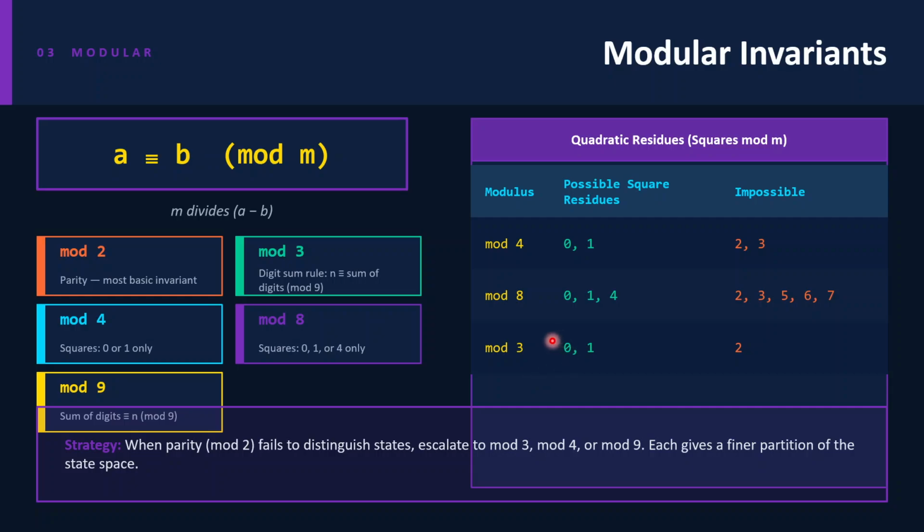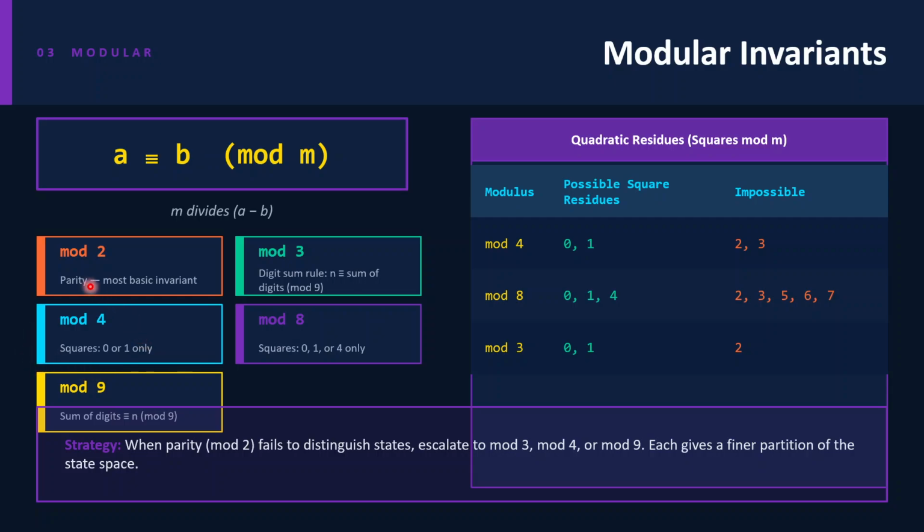But first of all, what are modular invariants? Look at this: mod 4, mod 8, and mod 3 we have. For mod 4, the possible square residues are 0 and 1, and impossible are 2 and 3, because squares mod 4 are only 0 and 1.